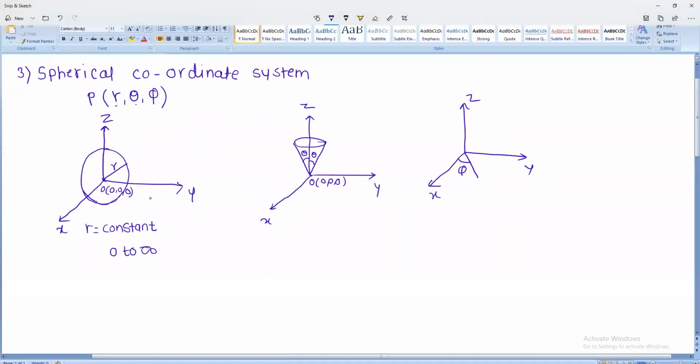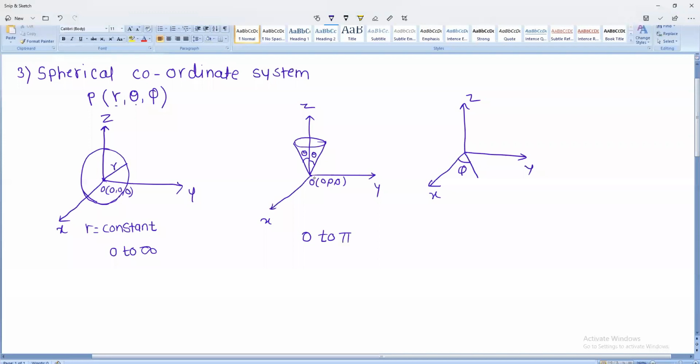Then tell me how much this theta will increase. Theta is the angle along the z-axis, meaning it starts from the z-axis. This angle starts from the z-axis and this theta is towards both sides, so this angle varies from 0 to pi.